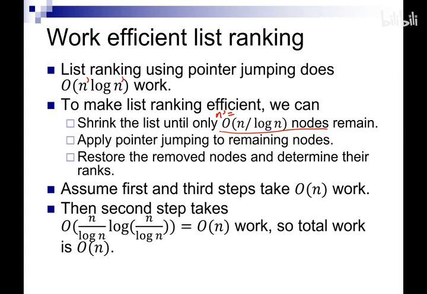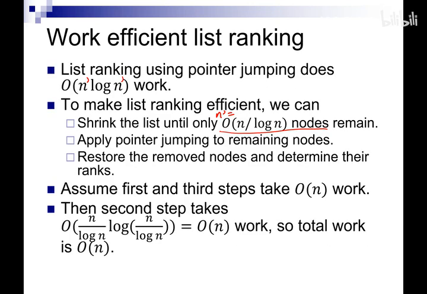Therefore the amount of work for the second step is n prime times log of n prime, and this is going to come out to order n. So that means that the second step is going to take order n work. And so if we can also implement the first and third steps in order n work, then altogether we're going to do order n work, and then we would have a work efficient algorithm.